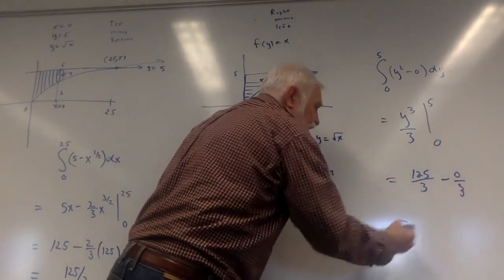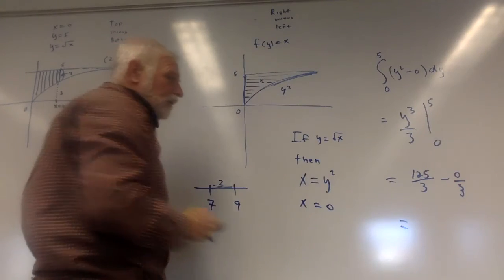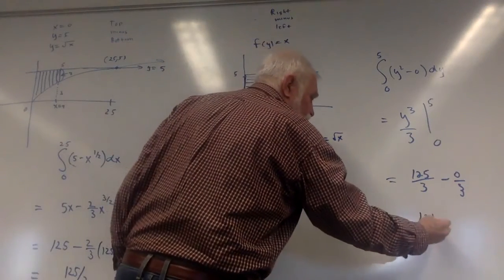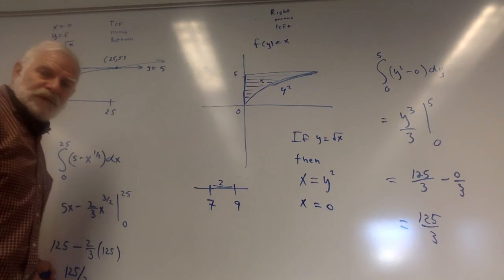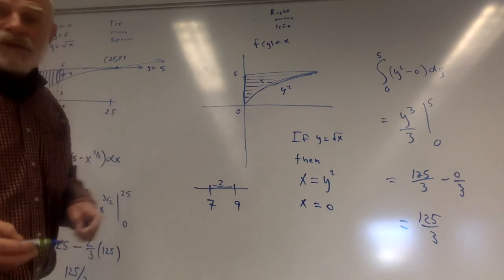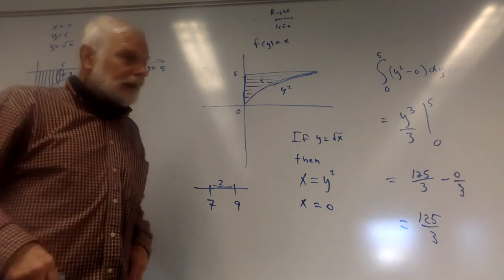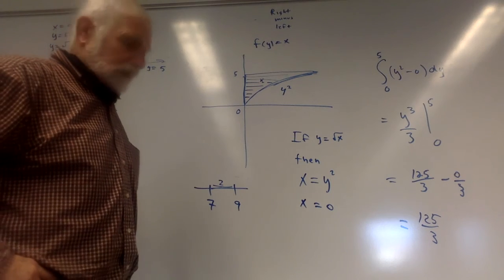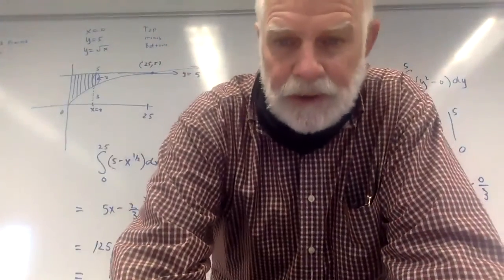And so what is the area if we do the integration in terms of y? 125 over 3. What was it over here? 125 over 3. It's actually easier to do it in terms of y. So that's a new topic. I probably should have had another one that we could have done right on the spot, but I think that'll suffice just to get us started.